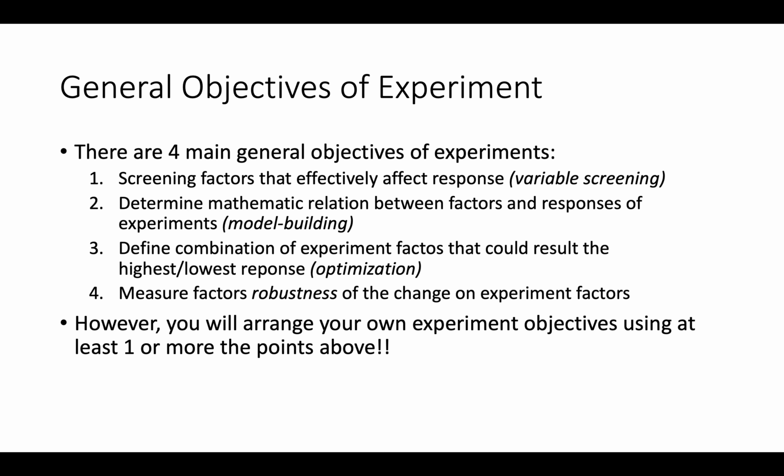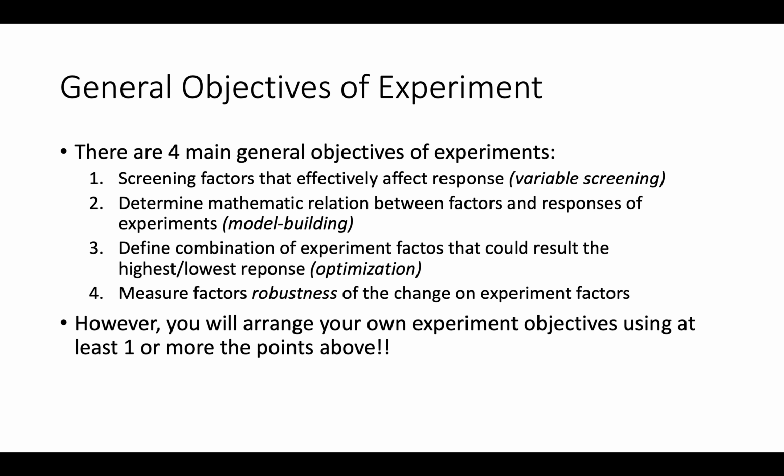The second objective is to build the model, or in other words, to build the mathematical relation between factors and response of our experiment. The third one is optimization. When we do an experiment, we can define the combination of experimental factors that could result in the highest or lowest response.